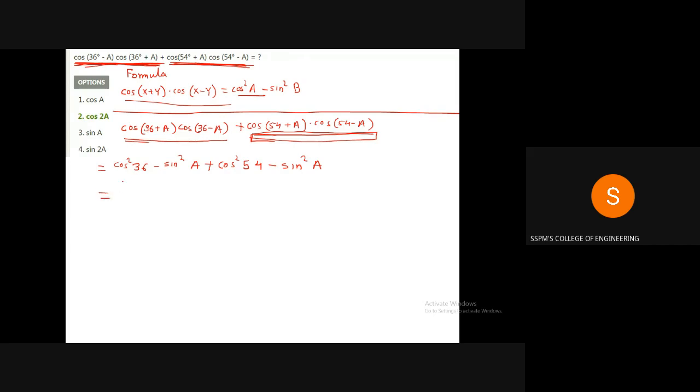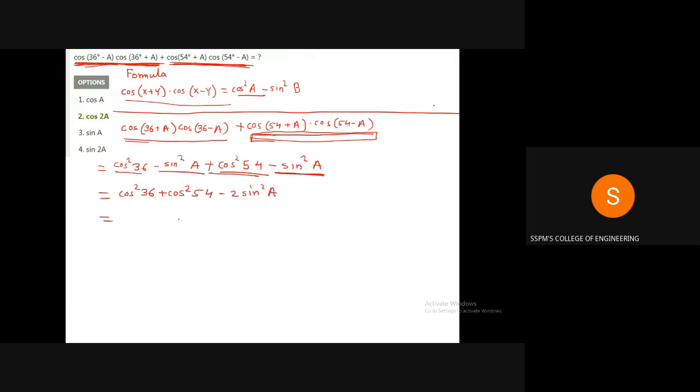So we will rearrange this term. So cos square 36 plus cos square 54, minus sin square a, and that term is repeated again, minus sin square a, that is equal to minus 2 sin square a.